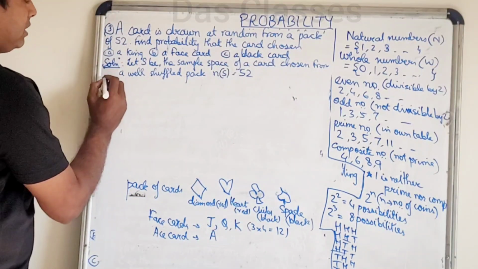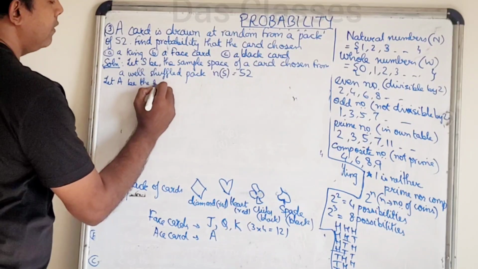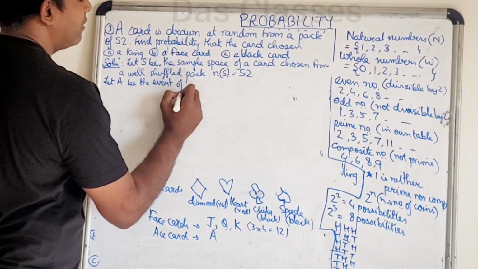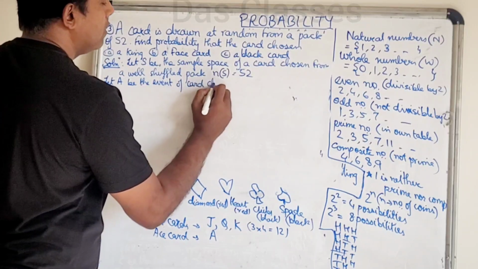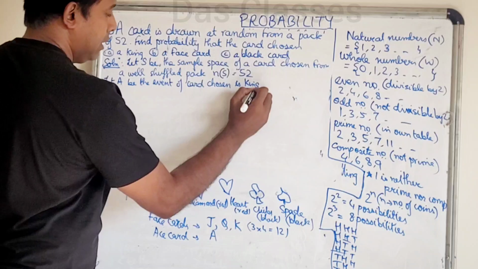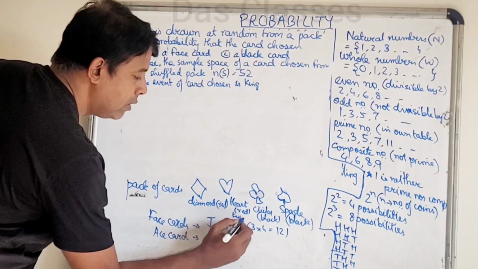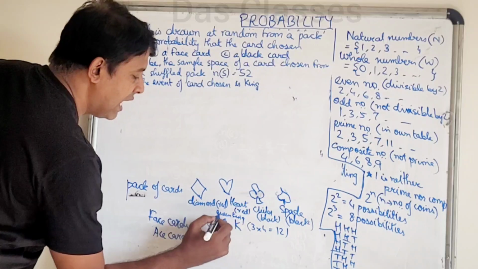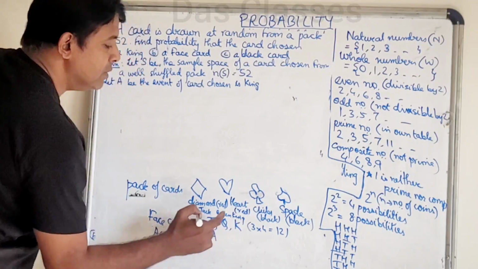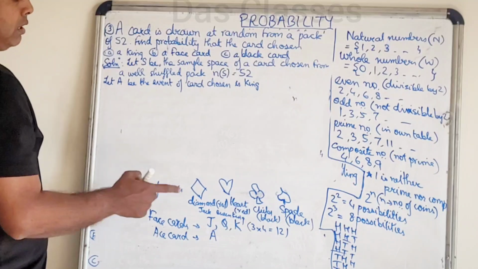Now first event is, let A be the event of card chosen is king. Now king, that is K. So this is called king, this is queen, and this is jack. So king, there are 4 kings in the 4 colors.